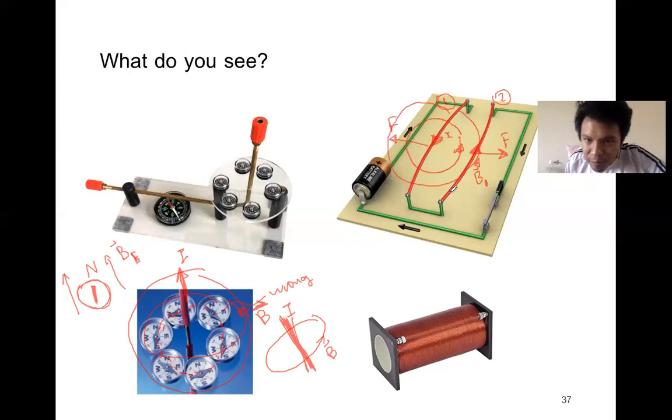Because in wire 2 there is also a current, and when a wire with a current is within a magnetic field, there is a magnetic force.